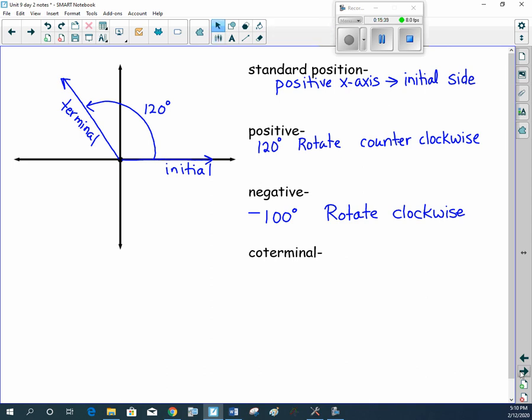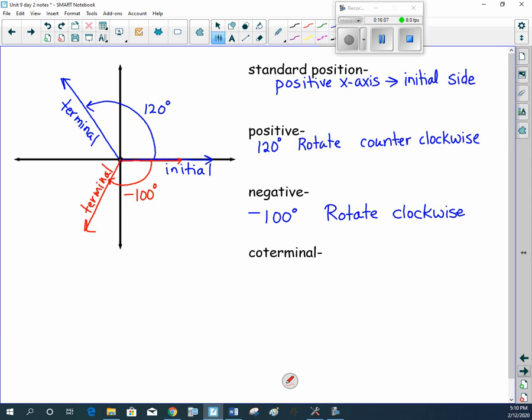So start here, initial side. You always start on the initial side, but instead of rotating counterclockwise, I rotate clockwise where I think 100 degrees is. So I think it's right here. So once again, this is the initial side, and this is the terminal side. And this is considered a negative 100 degrees rotation.